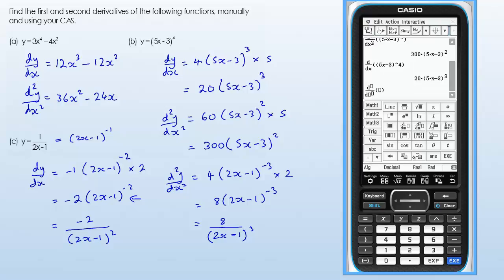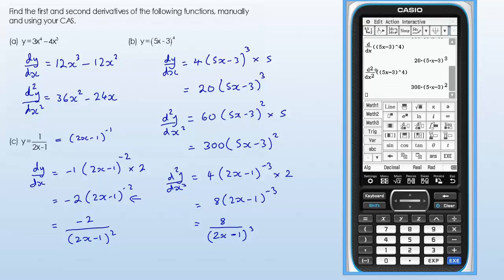And we can use this template here, so it's going to be d2 there, dx squared, and put the (5x minus 3) to the 4 in here, and we should get the same answer again.